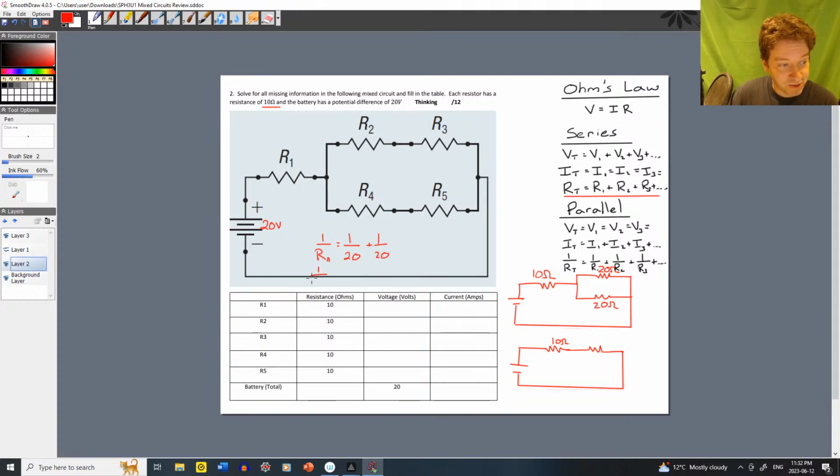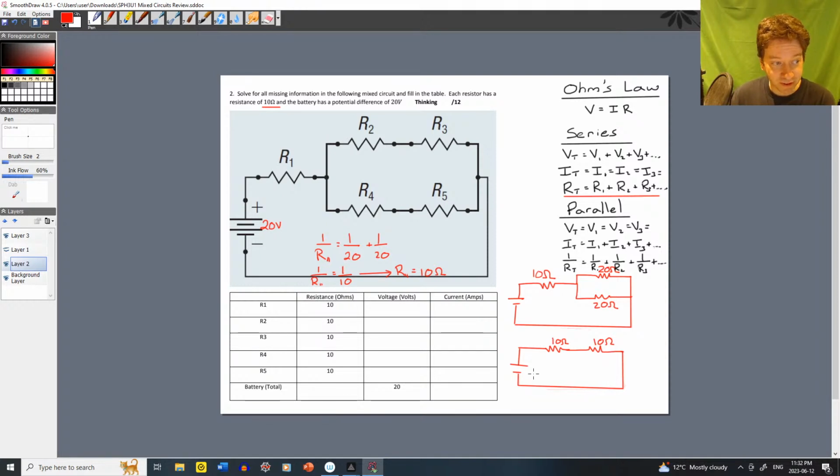So we get 1 over R parallel is equal to 1 over 10. Now don't leave it like this. The resistance is not 0.1 ohms, right? We've only solved for 1 over R parallel. So what we need to do is take the reciprocal of both sides of that equation, and we get R parallel equal to 10 ohms.